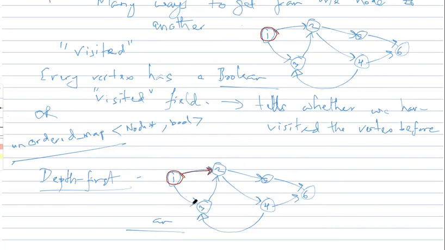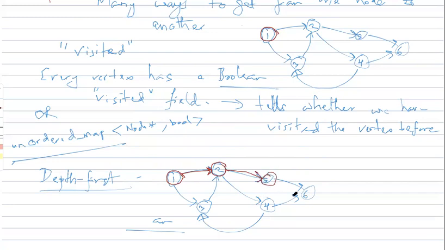Then where do I go when I have to go depth first? As I said, I want to visit all the nodes that are reachable from me as soon as possible. I want to just go deep. Therefore, I have to leave aside visiting 3 for now. As soon as I reach 2, I want to reach its neighbors. So I have to make a choice between 4 and 5. Let's say I choose to visit 5. So I will go here.